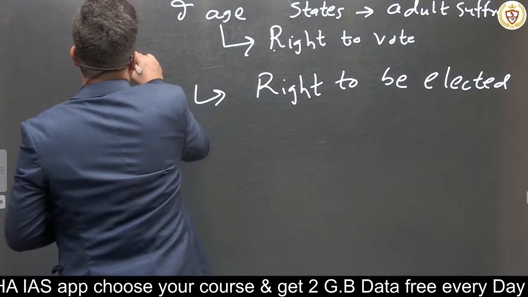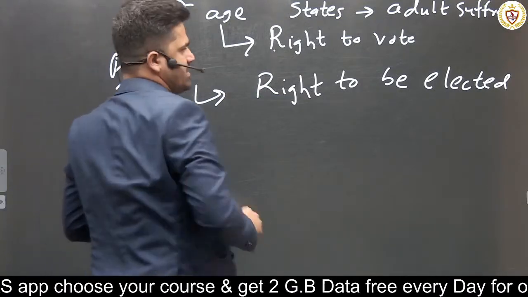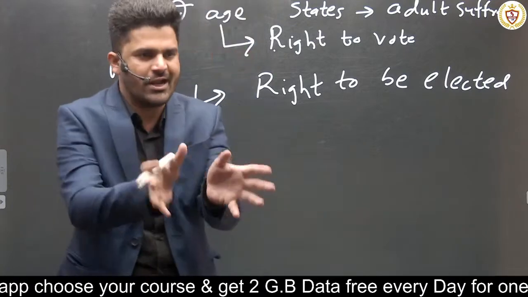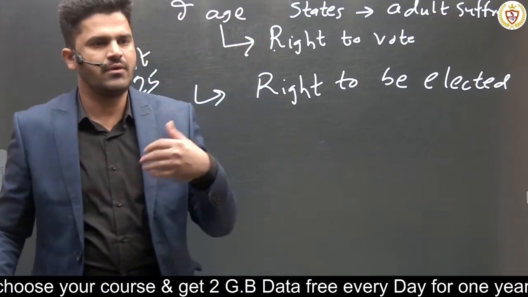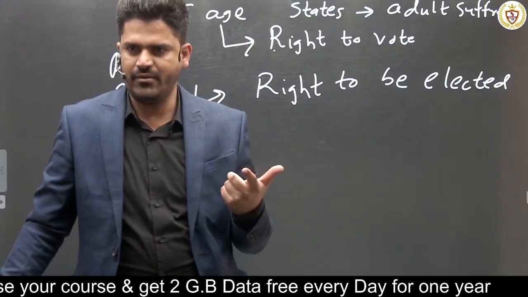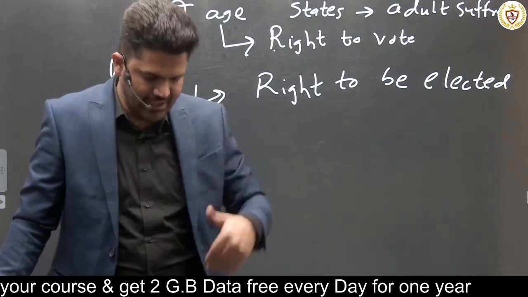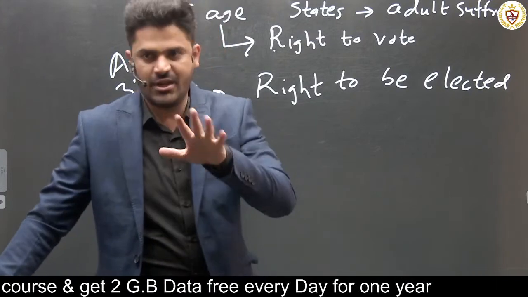You can mention Article 325 as well. No person's name shall be excluded in the electoral roll on the basis of religion, race, caste, and sex. Right? Non-discrimination in inclusion of name of a citizen in an electoral roll. Okay?